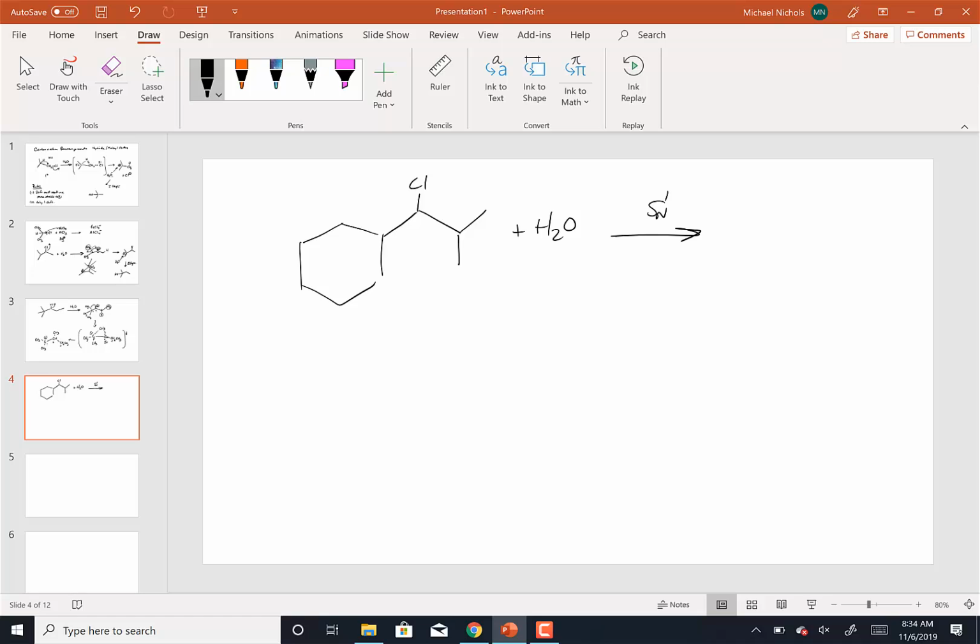But if it did, that would be great. What are our rules? And the rules would be about the stimulating carbocation. Does that matter in carbocation?